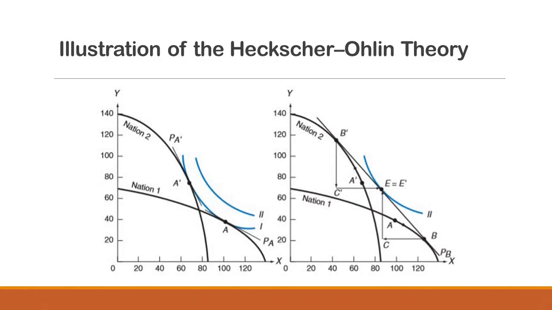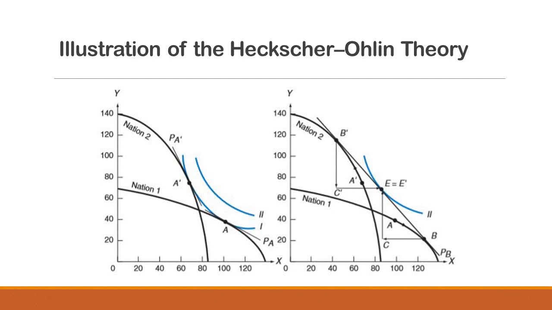Now let us examine the Heckscher-Ohlin theorem with the help of the figure. The first figure shows the pre-trade situation. We have the production possibility frontier of nation 1 and the production possibility frontier of nation 2. Commodity Y is taken along the Y axis and commodity X along the X axis.